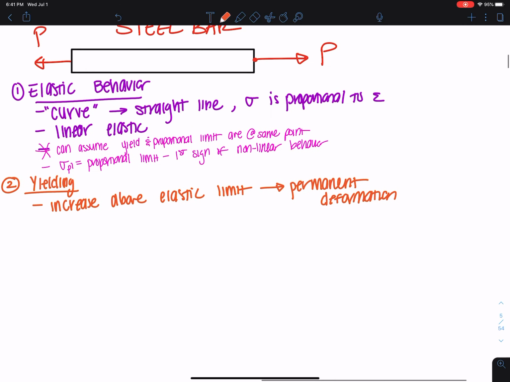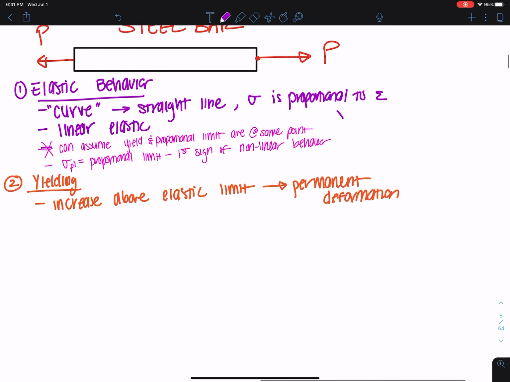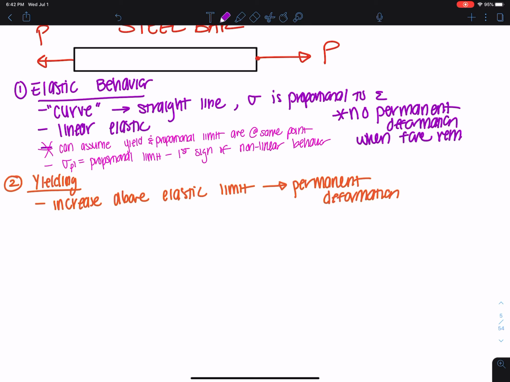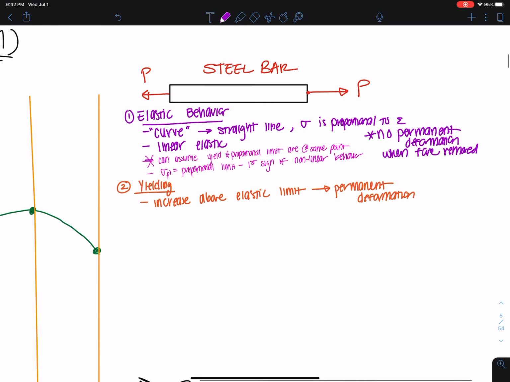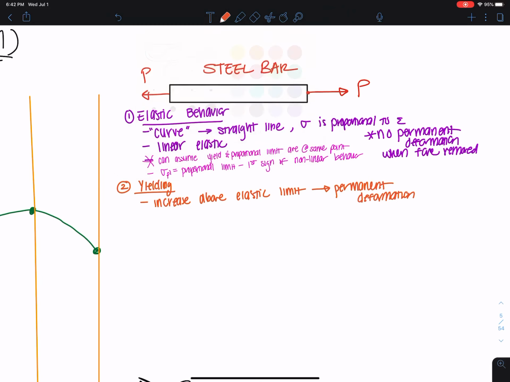So that's very important. I'll add that here to elastic. No permanent deformation when force removed. Okay. All right.